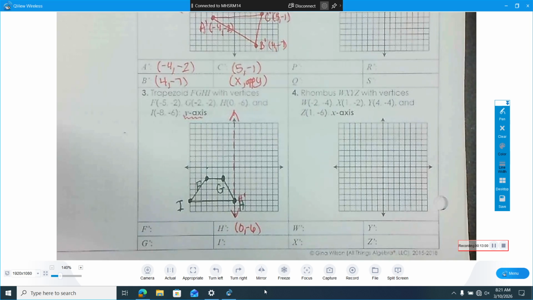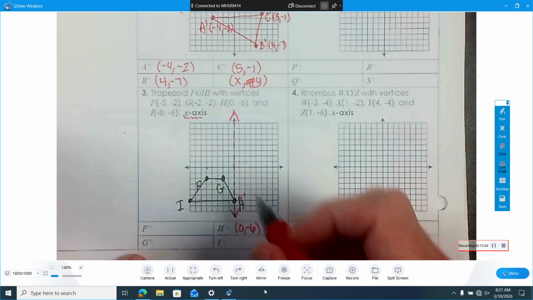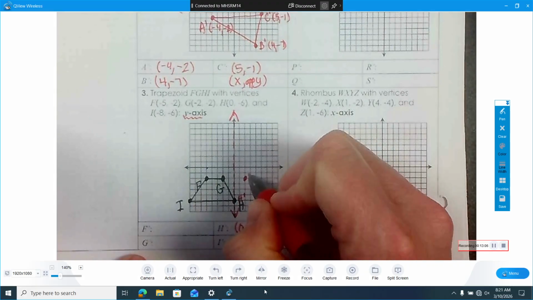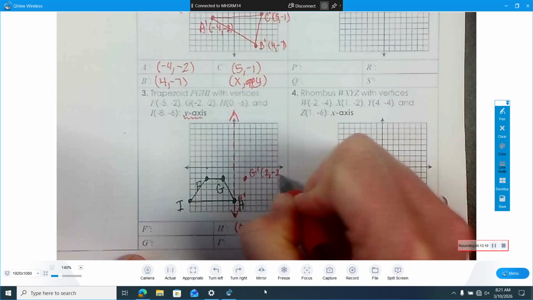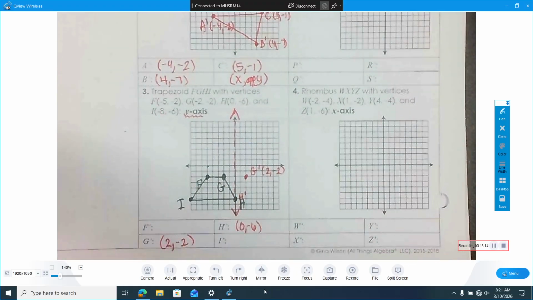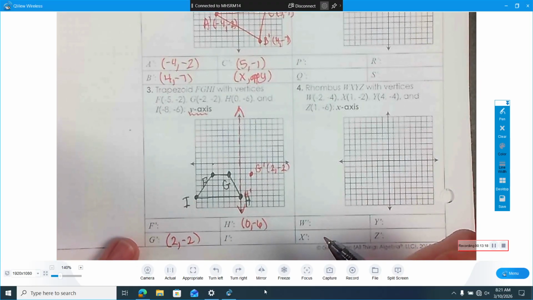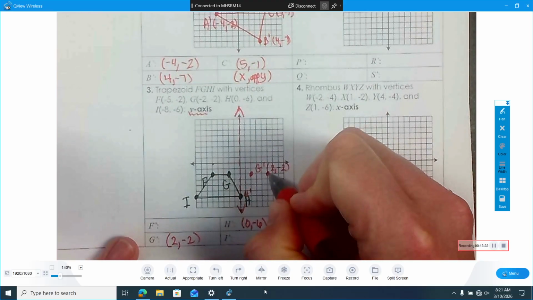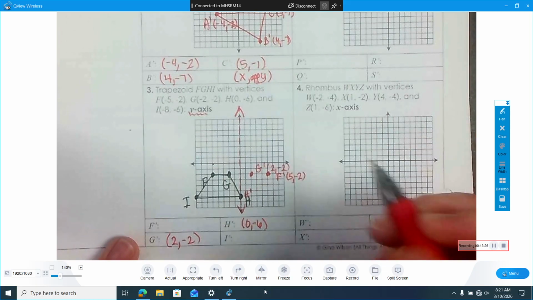What about G? Where is its image? Yeah. So G prime is at positive 2, negative 2. What about F? Positive 5, negative 2. So F prime is at positive 5, negative 2.